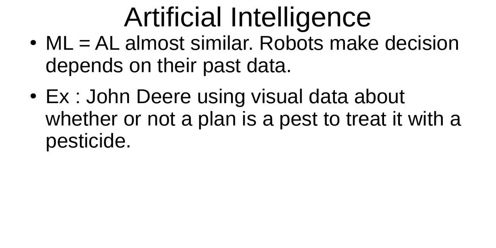For example, John Deere, the agriculture vehicle, uses visual data analytics to decide whether to plant or treat pests with pesticide, depending on the land and which is the best place for this kind of operation. It will automatically plan and do the best operations.